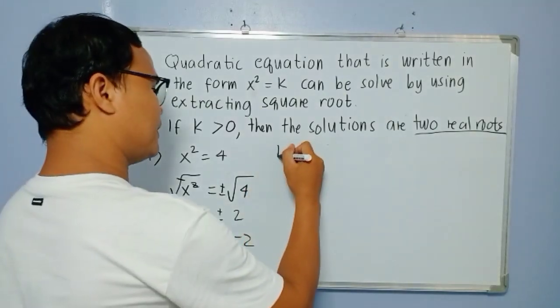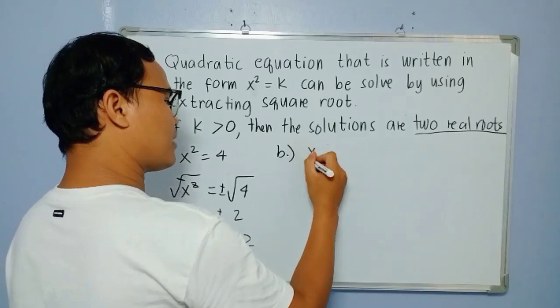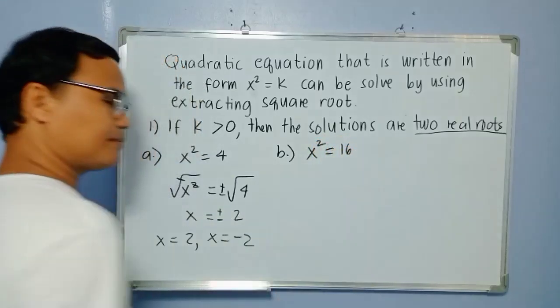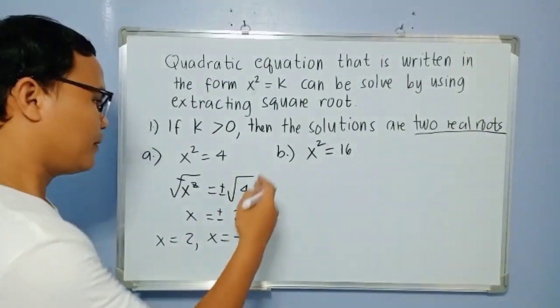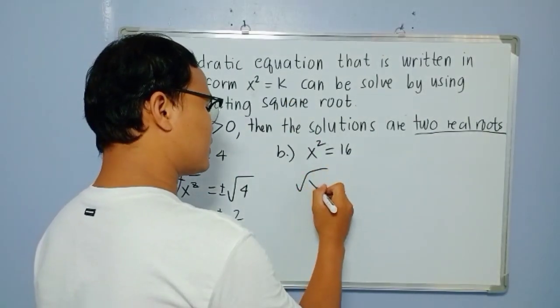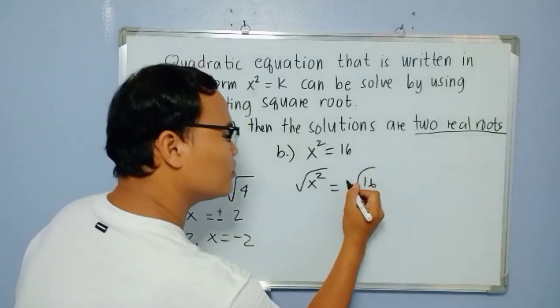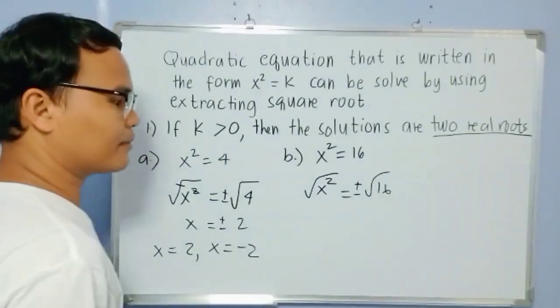Next example. If we have x squared equals 16. Same process lang po. Extract square root both sides. Huwag kalimutang maglagay ng positive at negative sa right side.